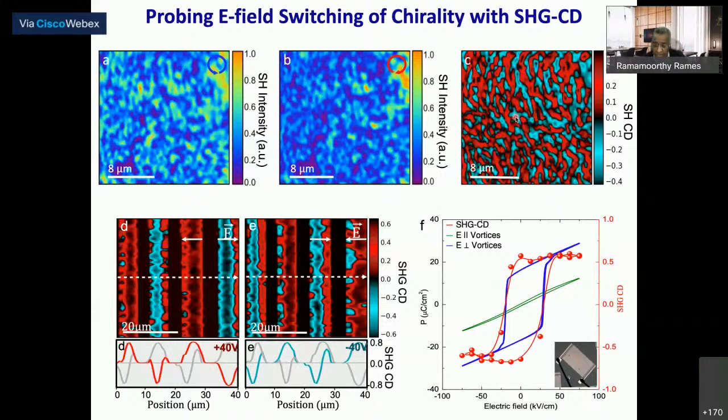Even more interesting, and this is really the big statement, you can now put metal electrodes. The black stripes here are metal electrodes. You can apply an electric field. You can switch the sense of handedness. You can switch, not the sense of handedness, you can switch the circular dichroism.